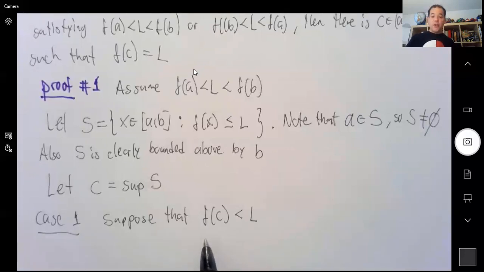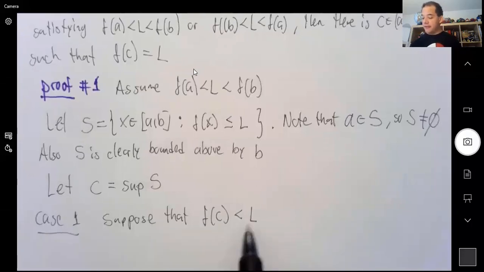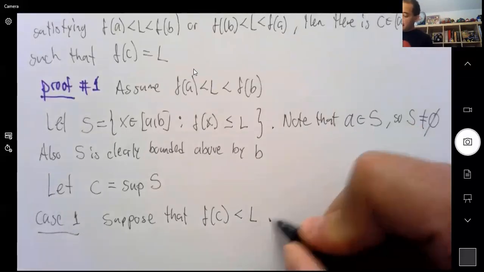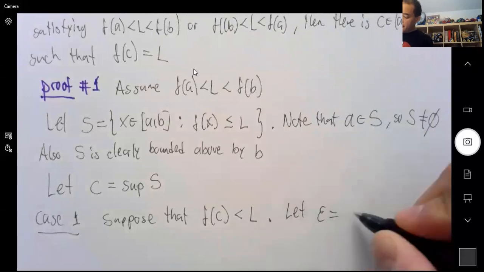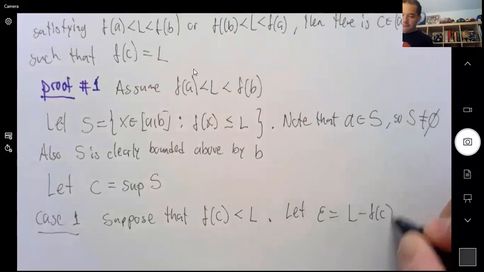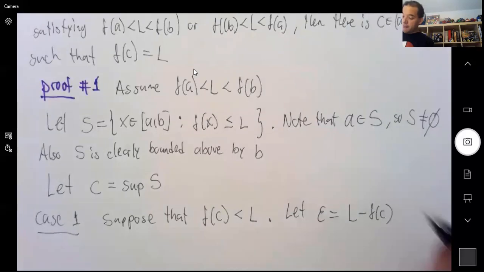I'm going to use a specific epsilon, and here the epsilon that I want to use is the distance from L to f of c. Because f of c is less than L, there has to be some distance between these two numbers. So let epsilon be L minus f of c, which is positive.